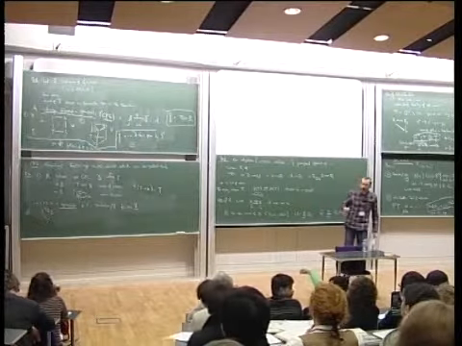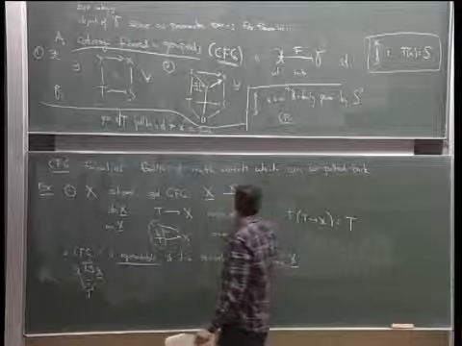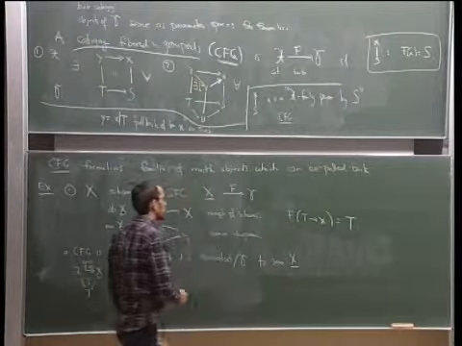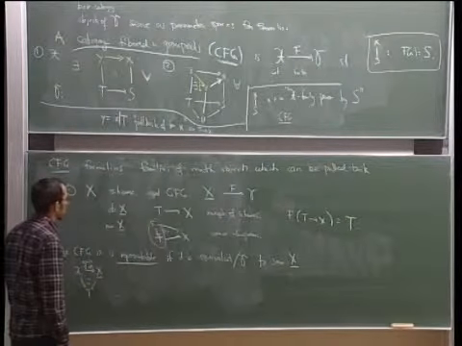This functor here is given by this formula: just project onto the first, onto the source.